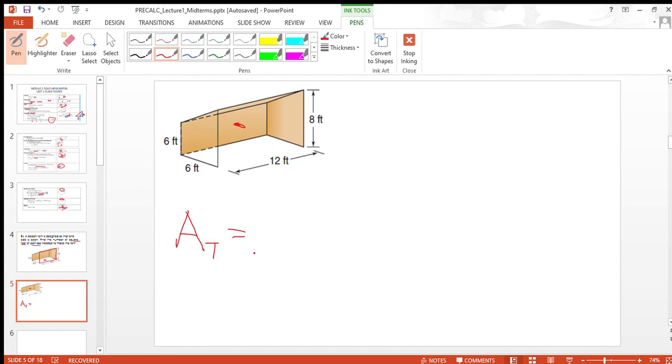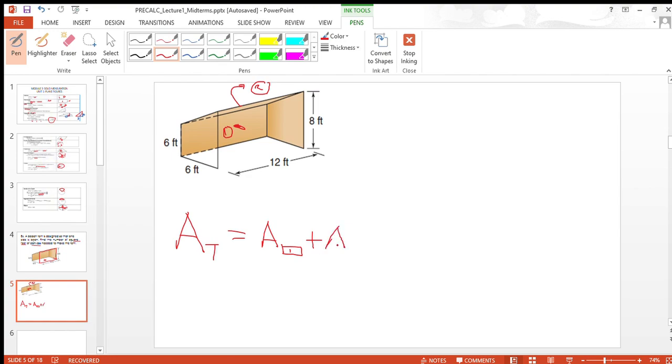So the area of that rectangle, maybe we can call it rectangle 1, plus we can get this rectangle here, we can label that as 2, area of rectangle 2, and then plus we now consider the sides.